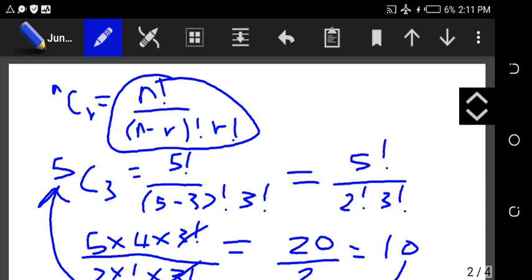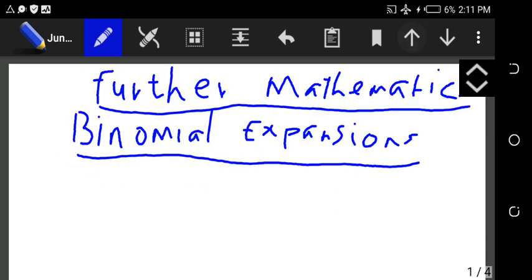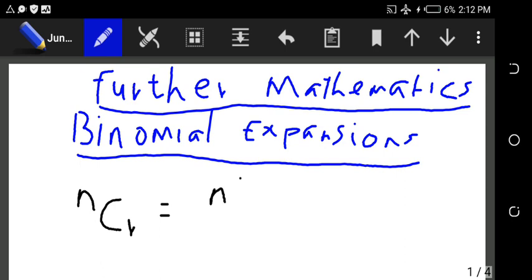Okay, so what we need to do is really understand how this formula works: n combination r, which is given by n factorial over n minus r factorial r factorial.